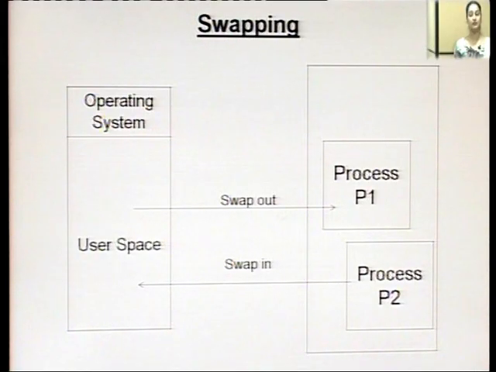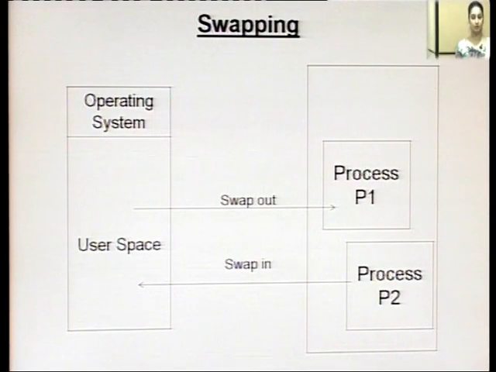In this diagram I am showing you, there is a main memory which holds the operating system and the user space. User space consists of the various processes which we want to store in the main memory. In the second part there is a physical memory, that is a hard disk or something else. Here the two processes are, first one is process P1 and second one is process P2.